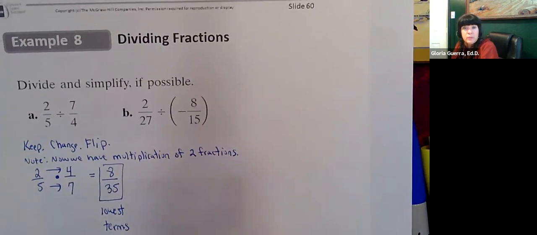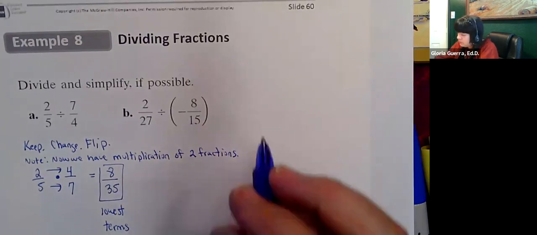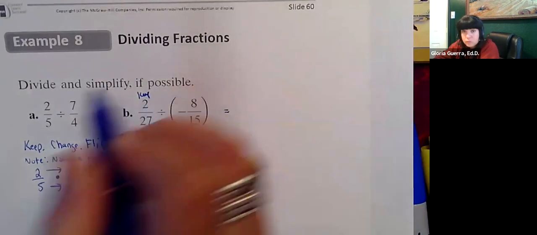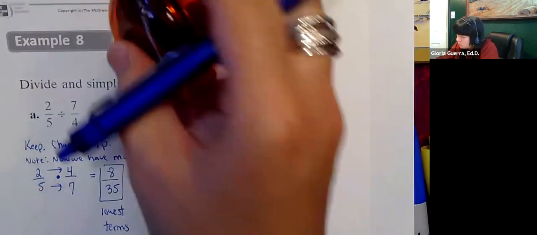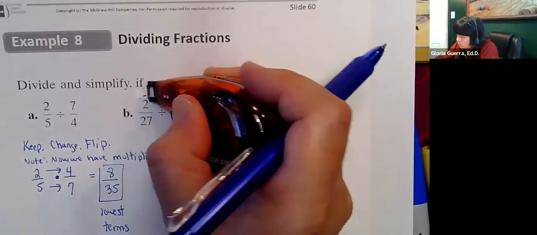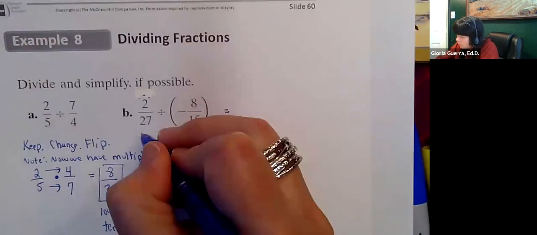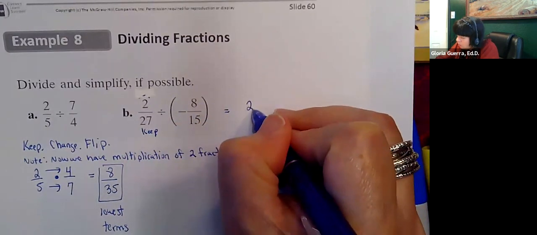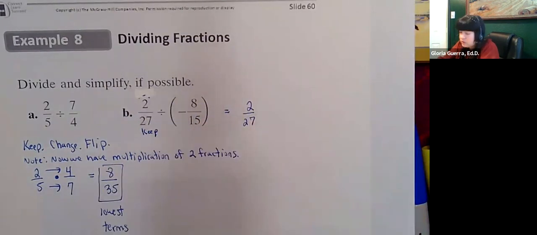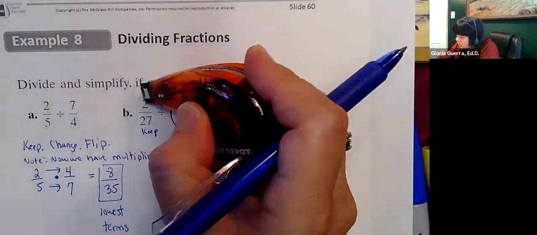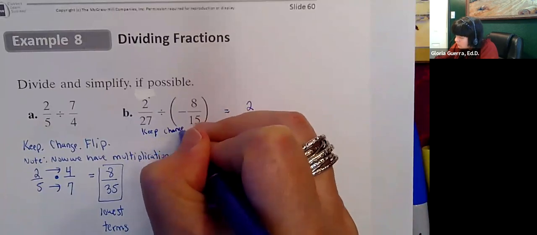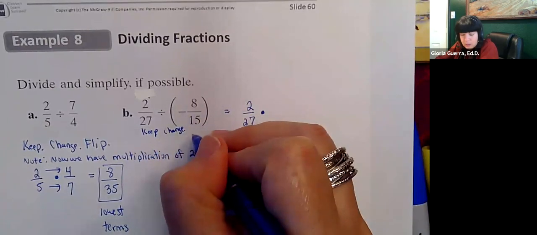All right. And then on B, again, keep, change, and flip. So again, keep 2 over 27, and then change the division to times, and then flip.